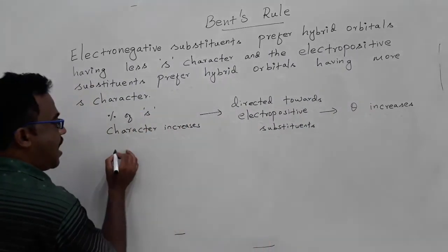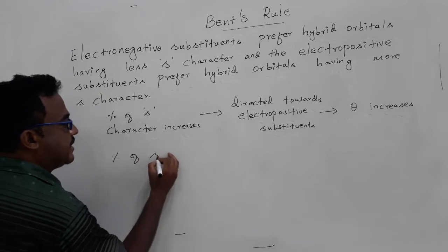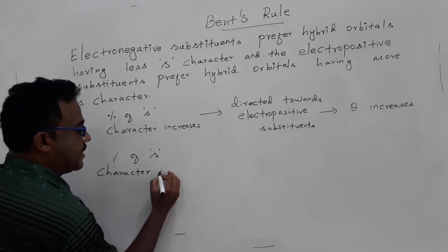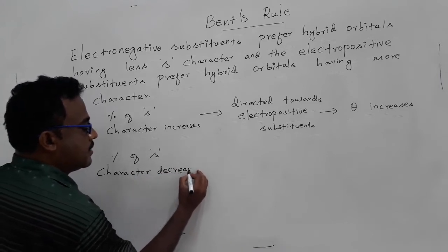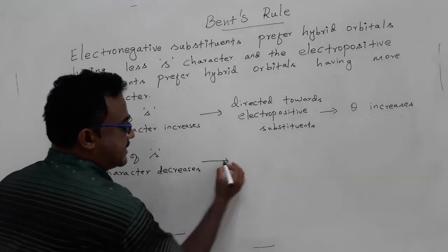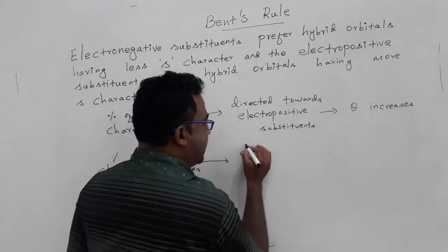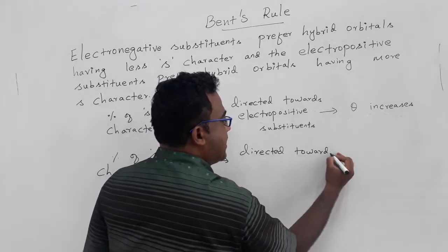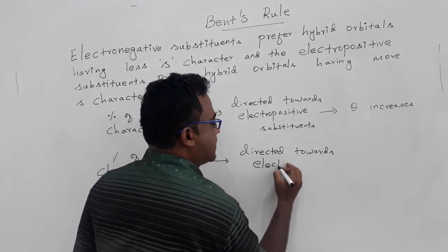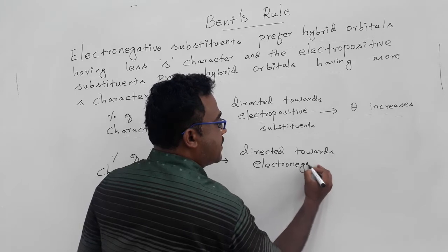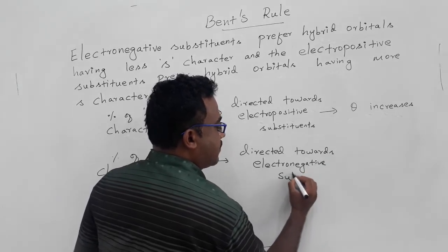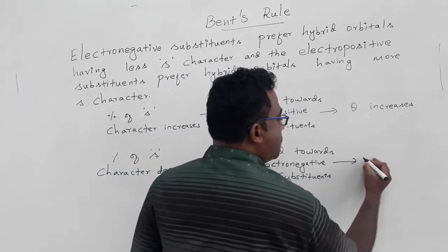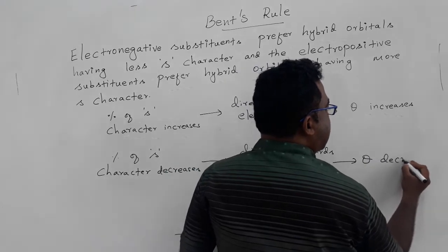The same way, percentage of s character decreases in hybrid orbitals which are directed towards electronegative substituents. That leads to theta decreases.